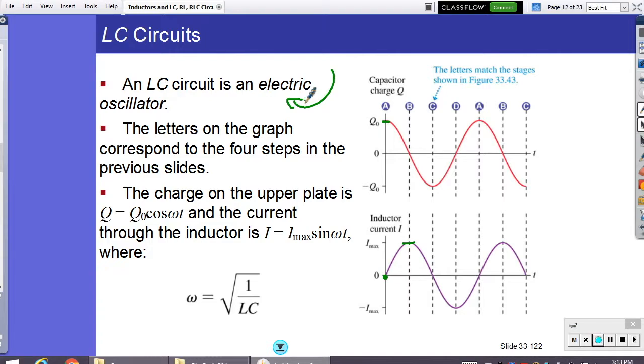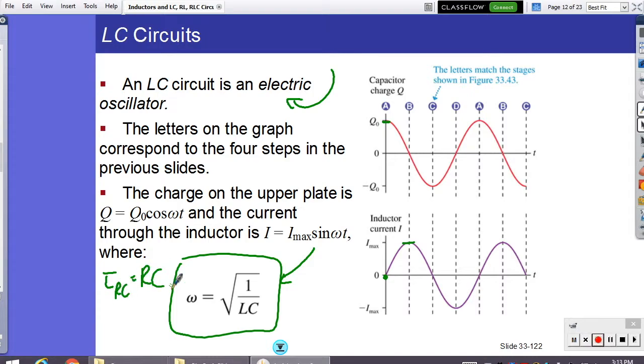And so we find that it oscillates and it has this frequency, root 1 over LC. They expect you to know this, but they don't give it to you. So just like for RC circuits, tau was just literally R times C, the time constant there. They expect you to know that omega is root 1 over LC for this.